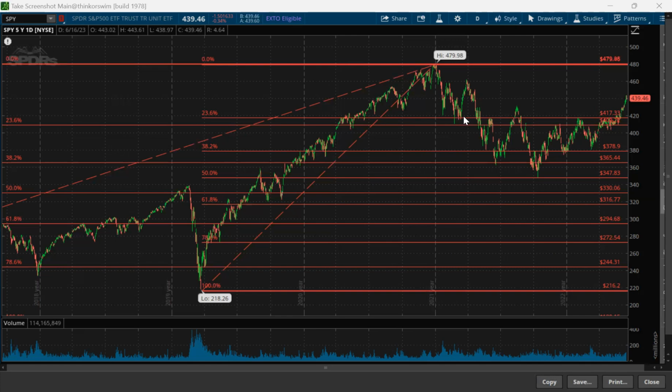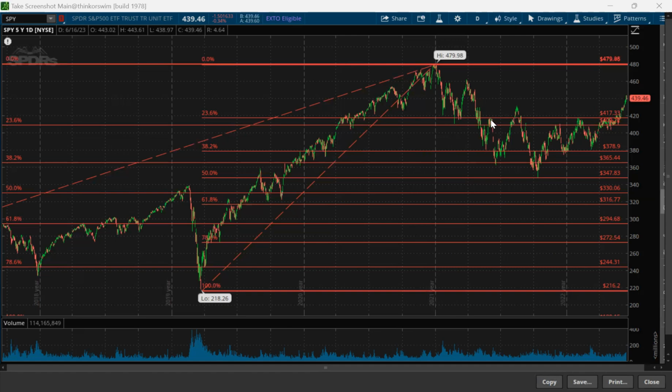And you can prove that out by it went back up once it touched that support level. And then it went back down, broke the support level, and tested the next support level, which would be the 38% retracement.